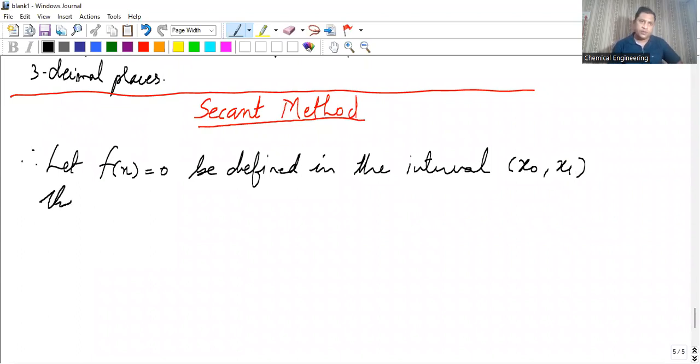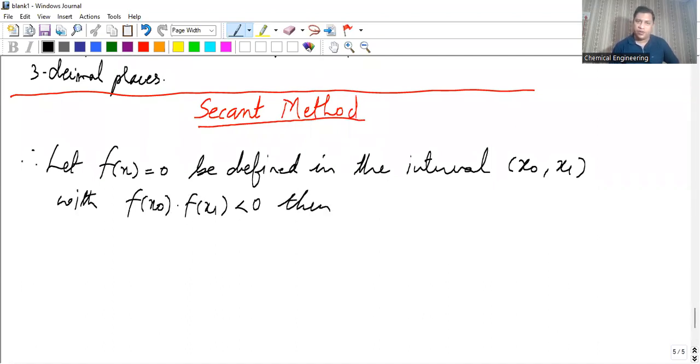Then with the condition f of x0 into f of x1 is less than 0. So the product is less than 0, meaning one of these is less than 0 and the other is greater than 0. Because if both are positive, then the product will be positive. If both are negative, the product will also be positive. So that means one of these values is negative and the other is positive.